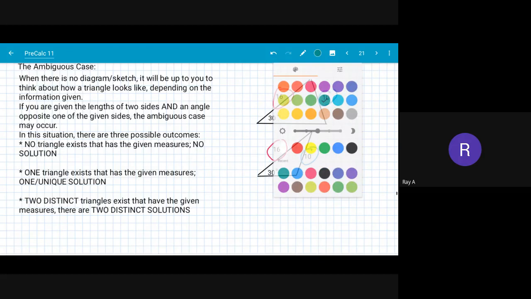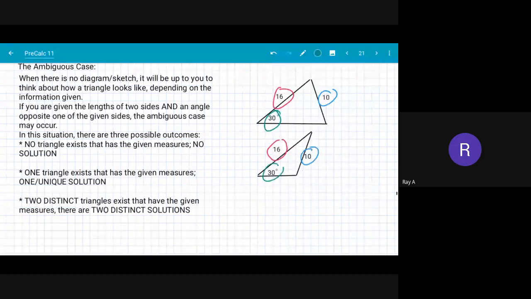And look at the angle that they have, okay? They also both have 30 degrees on the bottom. So as you can see, these two triangles have pretty much the same sides and one angle that is also the same. But clearly, those two triangles are different. Just looking at the pictures, they're different, right?